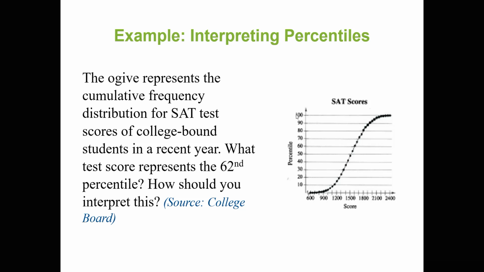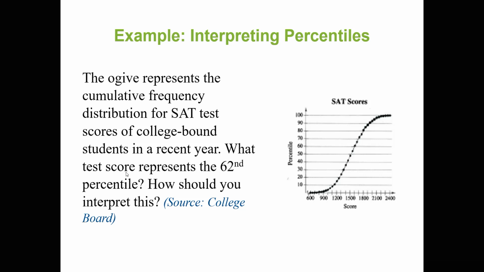If you've forgotten, I think it's the first or the second lecture, take a look at it. In that lecture, we took a look at the ogive. So the ogive represents the cumulative frequency distribution for SAT score. This is the data set, and it's simply showing what's going on.